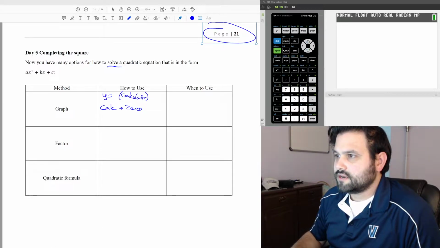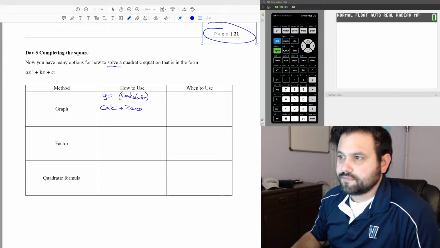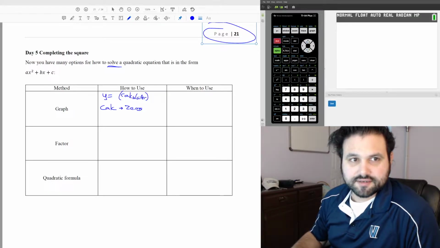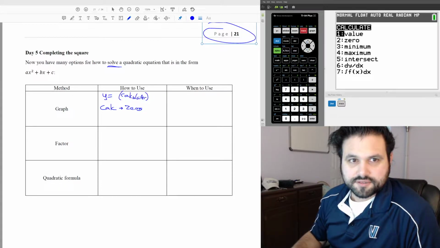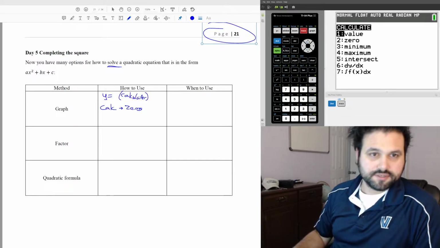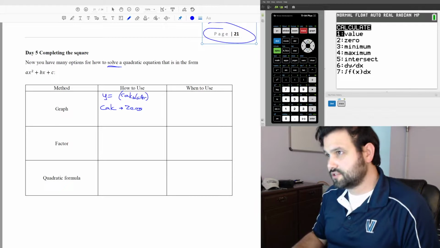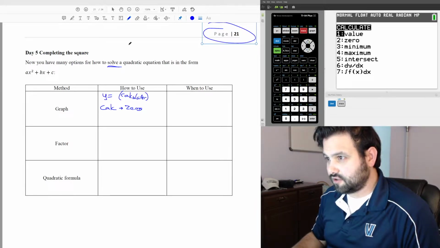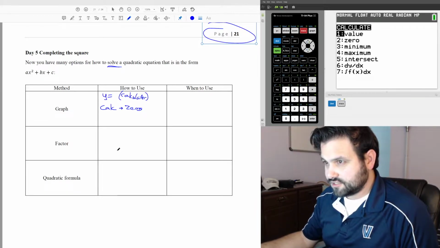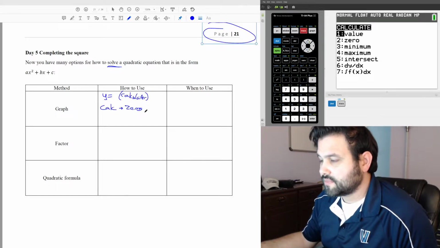What I'm talking about here is the calculate feature, which is second trace. If I press second and then trace, you can see there the option 2 is to calculate zeros. So that's one way we can use the graph to solve these quadratic equations.